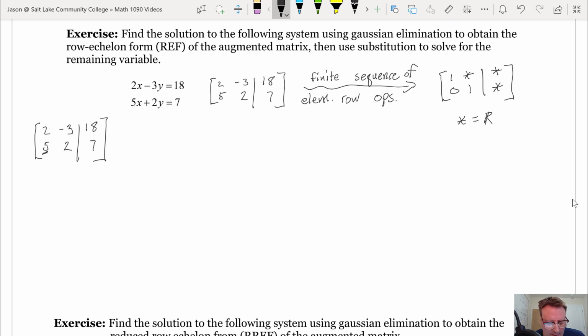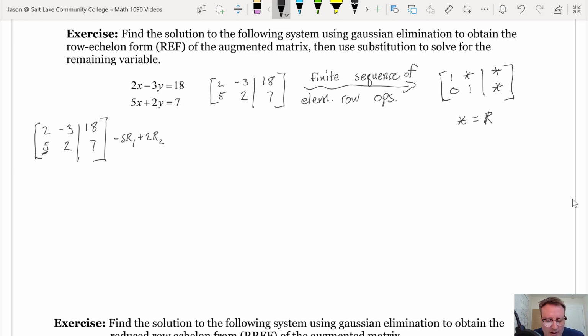So what I think I'm going to do is -5 times row 1 plus 2 times row 2.